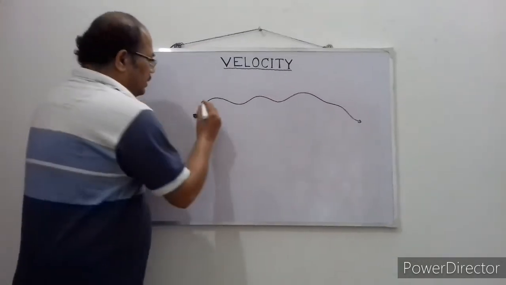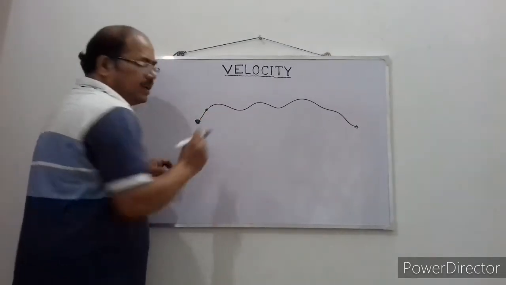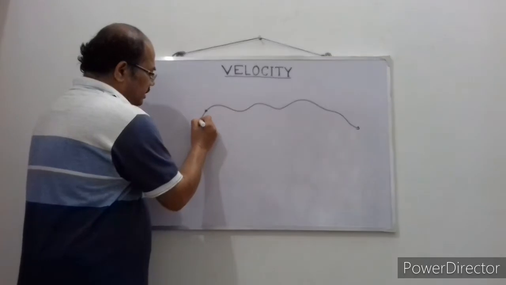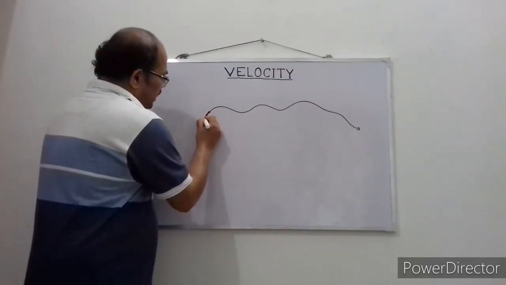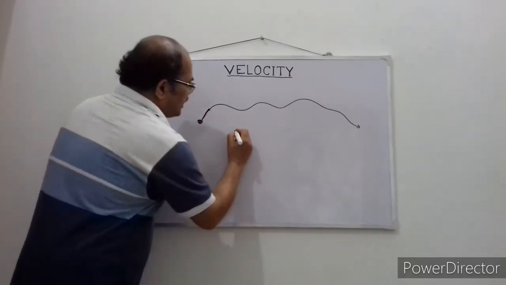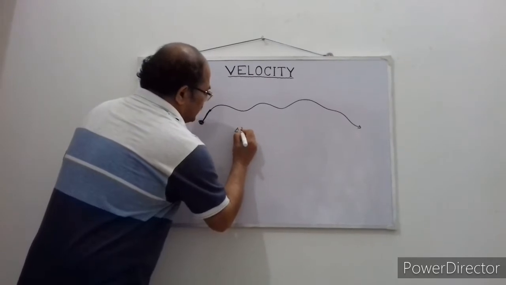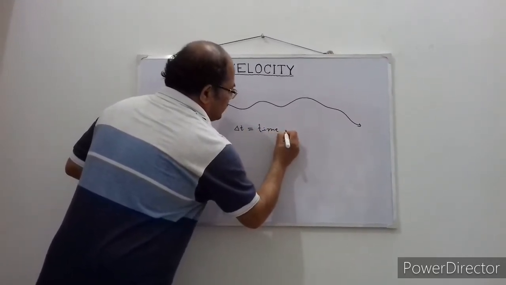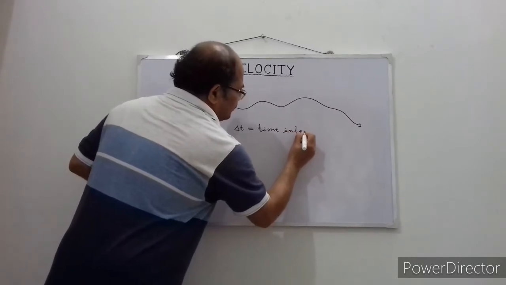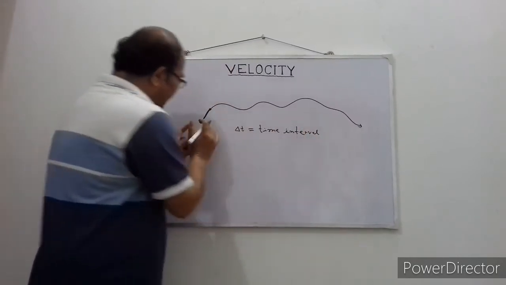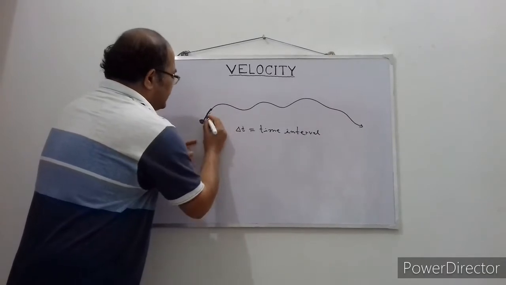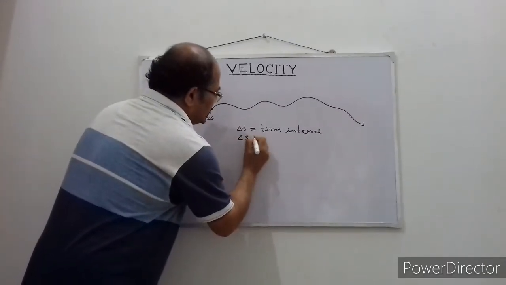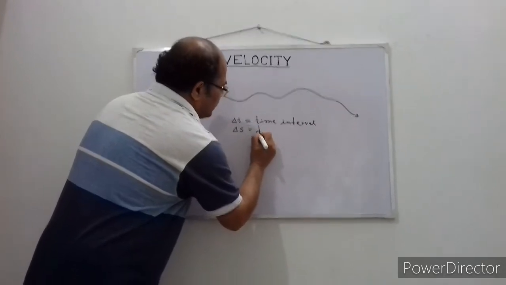Now for a very small time interval, suppose this is delta t, the time interval, and at that time the displacement is delta s. So delta s is the displacement.